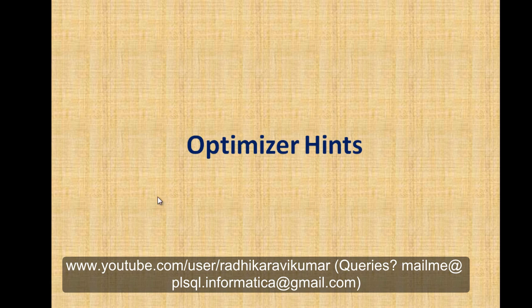We know the optimizer will decide in a perfect way, analyzing which is the shortest way. So this hint will override that and change the execution plan of the optimizer itself. That in brief is what is called optimizer hints.